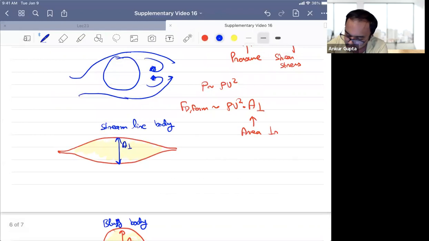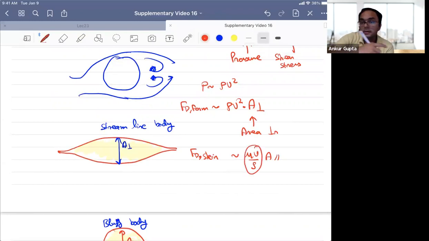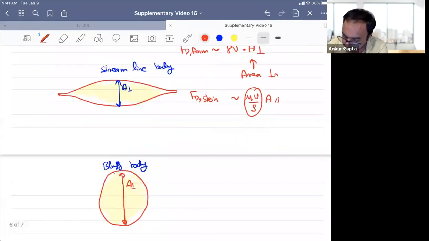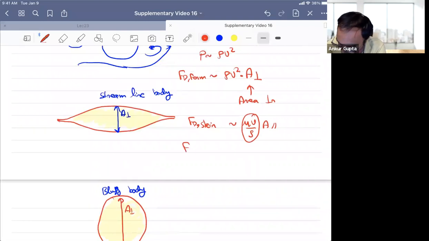Whereas the skin drag depends on A parallel. That skin drag is mu u by delta times A parallel, and this mu u by delta is the same as what we derived in the previous portion, the scaling analysis. So if we take the ratio of F_D skin by F_D form, you get mu u by delta over rho u squared, times A parallel by A perpendicular.